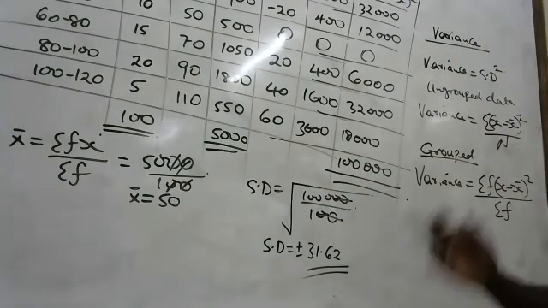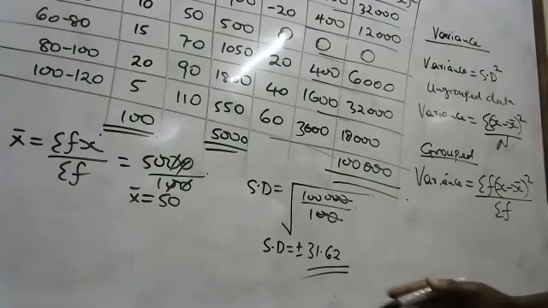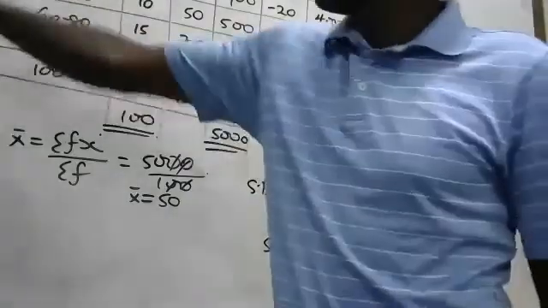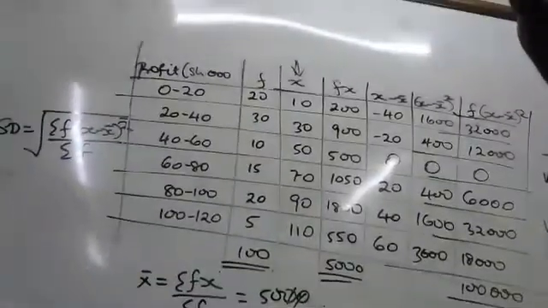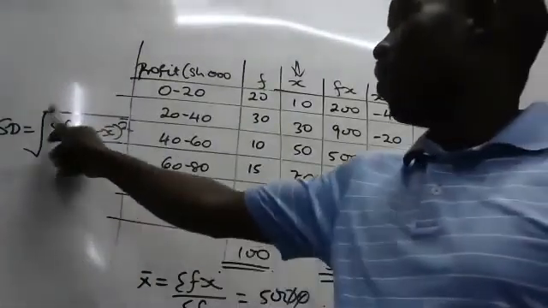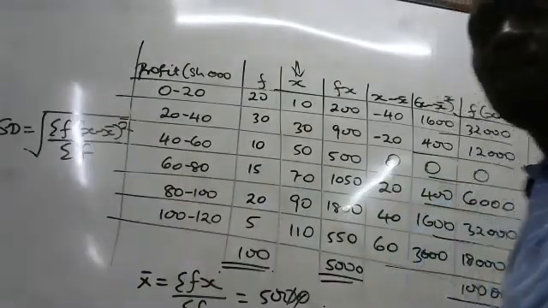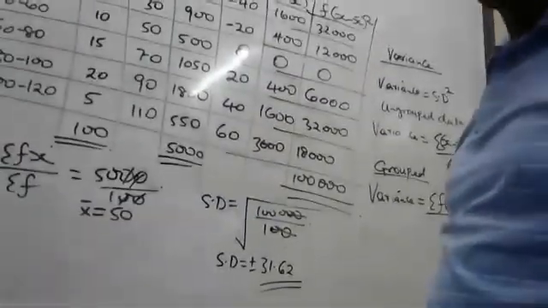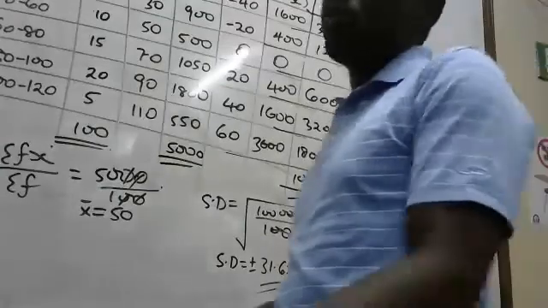So variance is actually the standard deviation squared, because if you put the square on the standard deviation, the square root sign disappears. If you find it difficult, you just calculate your standard deviation, and then you square your answer, you get the variance.